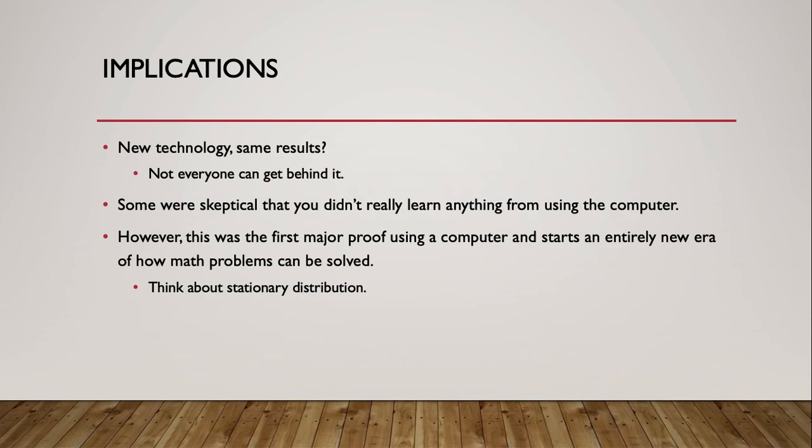I put right here an example. Remember a few weeks ago in class, whenever we were doing, I think it was an in-class assignment, we were learning about stationary distribution. We didn't want to go through and find the stationary distribution, so we used technology. We used Wolfram Alpha. I think that's what I used.